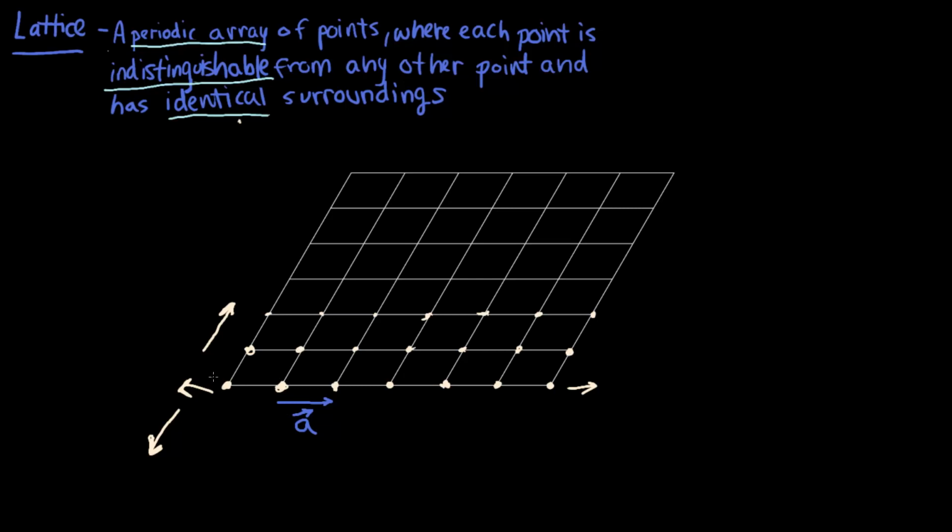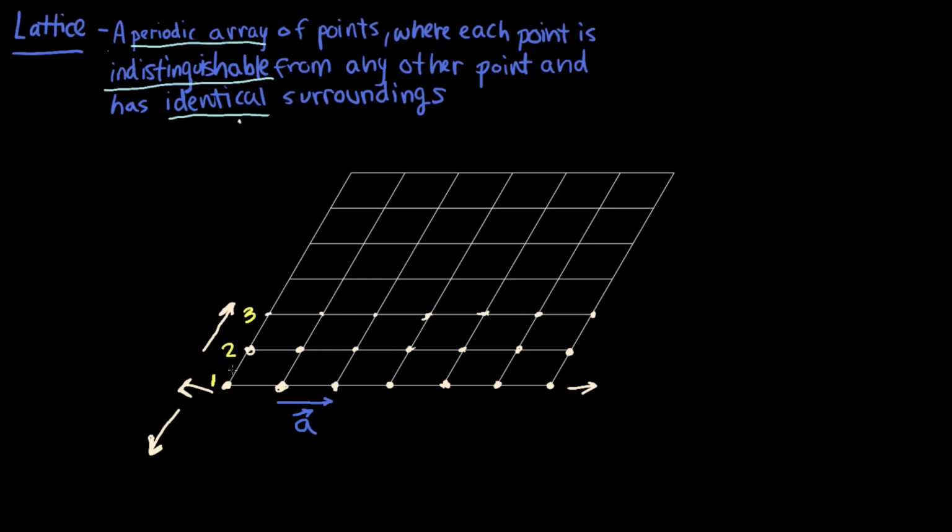So let's just label 3 of these rows, remembering there are infinitely many rows because of our definition of a lattice. There is no way using just the vector A that we can get from row 1 to row 2, or from row 1 to row 3.